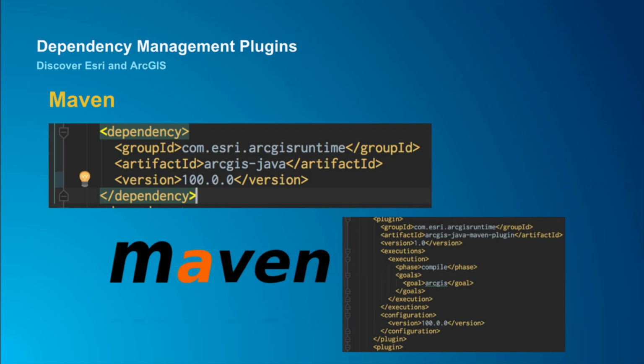So let's talk a little bit about dependency management plugins. With 100, the way we get Java has been enhanced. The fact that we were able to decouple the local server away from Java at 100 allowed us to treat it more like an SDK developer library. Now there are still dependencies on, like I said, some of that common C++ code, native libraries that don't come bundled in the jar, right?